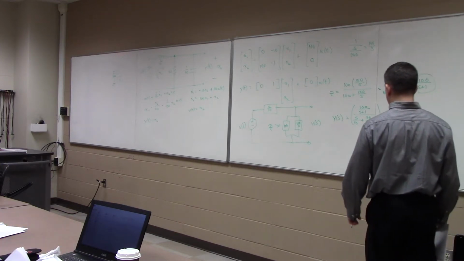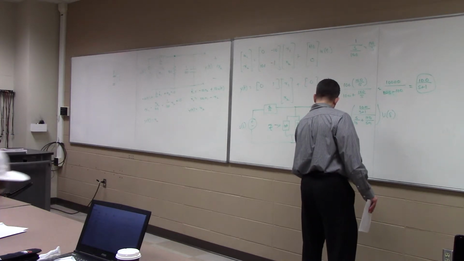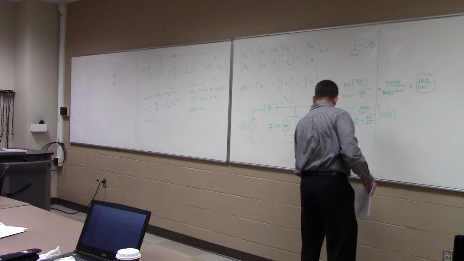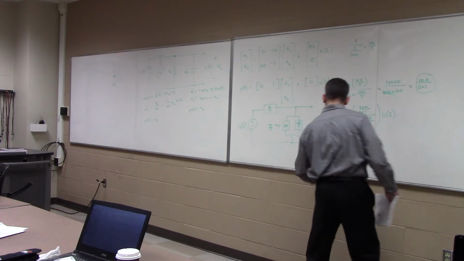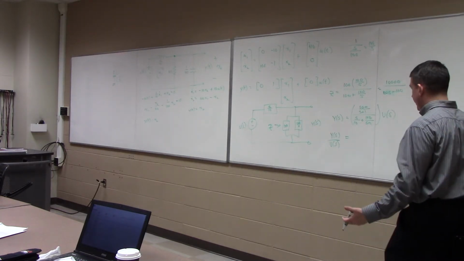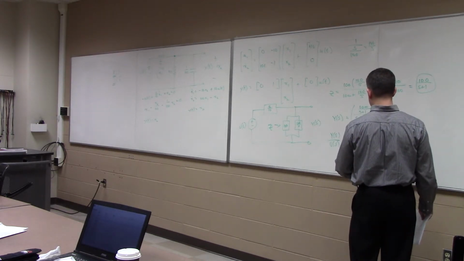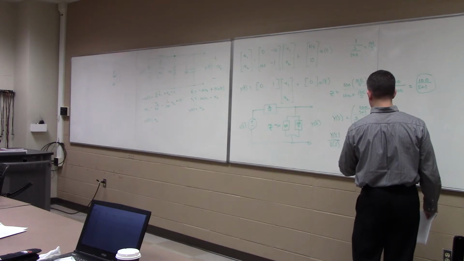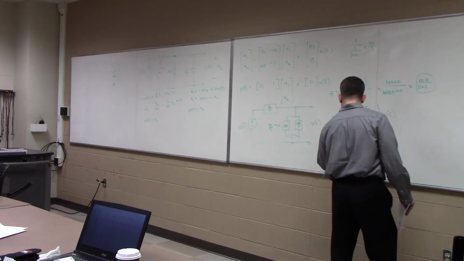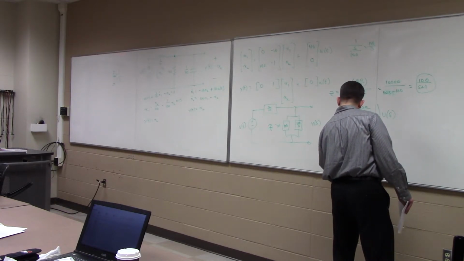Now I just need to simplify. So if I divide my output over my input, that will give me my transfer function, which is what we want to find. So I can multiply all this stuff through, just trying to simplify. Let's multiply everything through by S plus 1 over S plus 1.